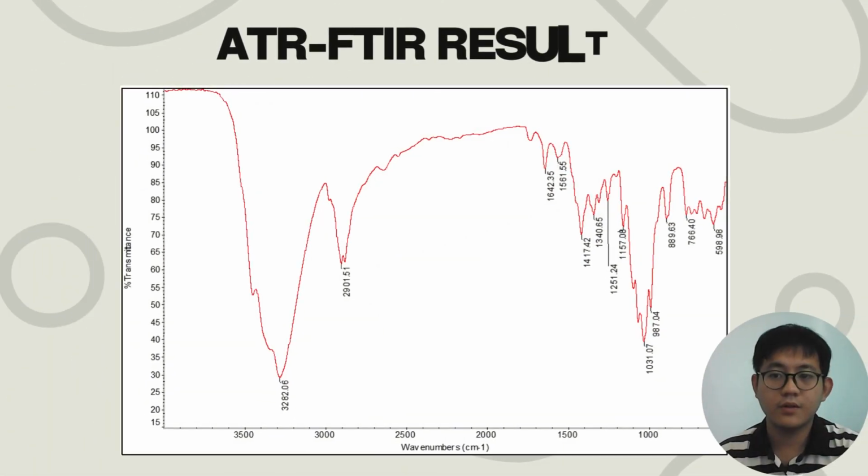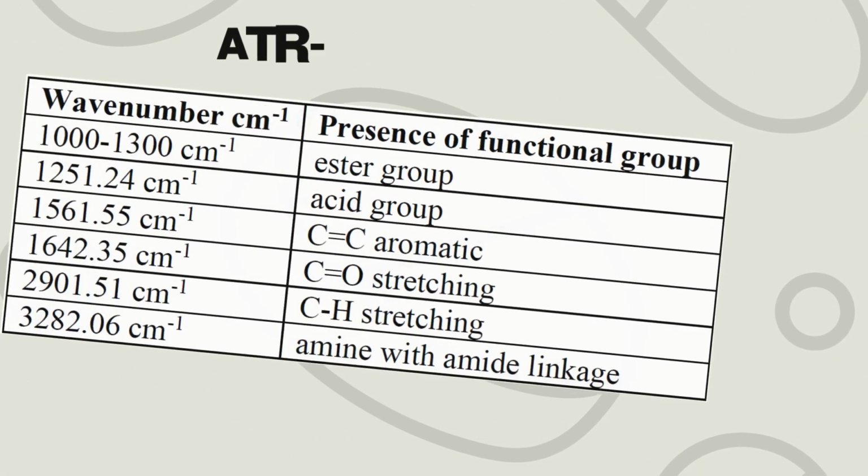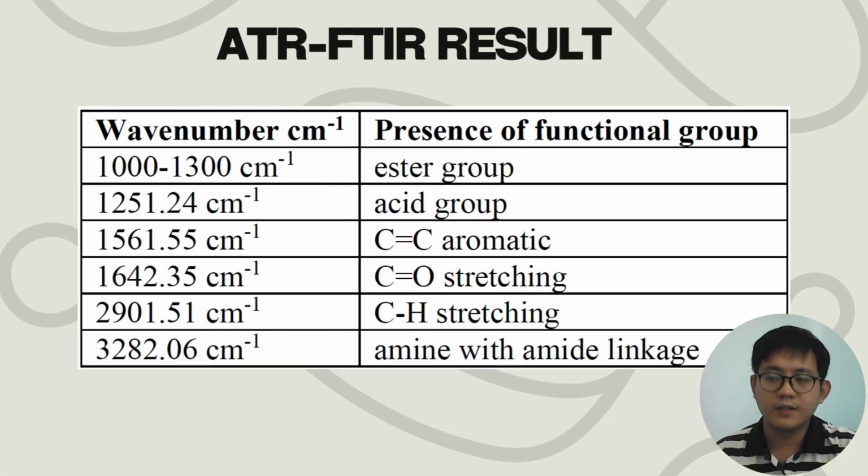The picture below shows the ATR-FTIR result of perindopril. After interpreting the result, perindopril contains medium absorption near 1000 to 1300 cm-1, which confirms the presence of the ester group. The peak at 1251.24 cm-1 confirms the presence of an acid group, and the peak at 1561.55 cm-1 indicates the presence of C=C aromatic.